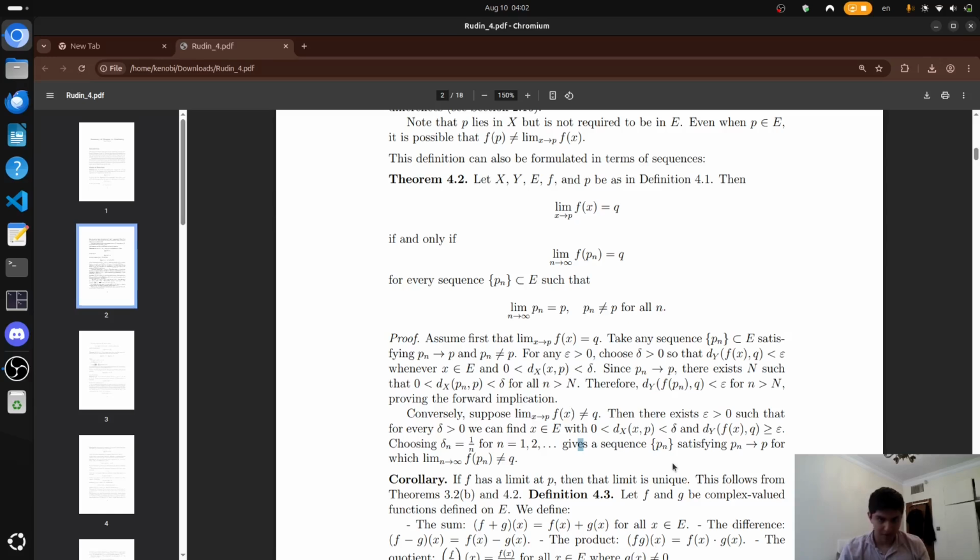Yeah, so exactly. We're saying that if it doesn't go to Q, then this neither goes to Q. It's impossible that this goes to Q if this doesn't go to Q. And we do this by choosing delta n equals 1 over n, right?